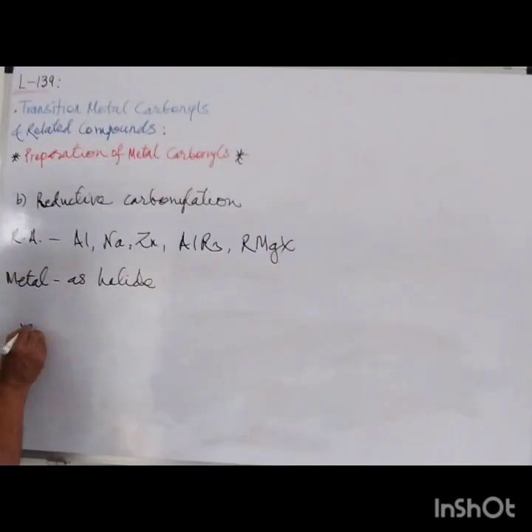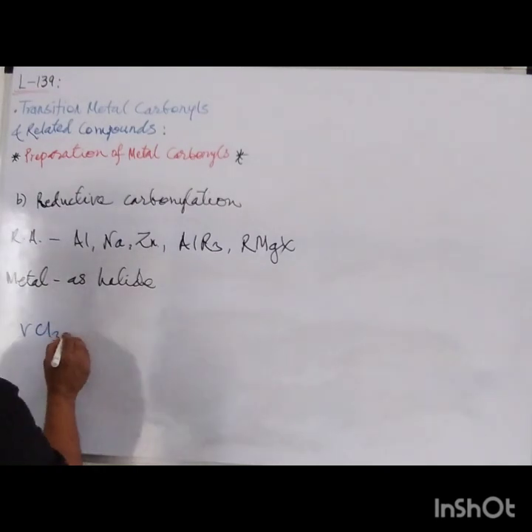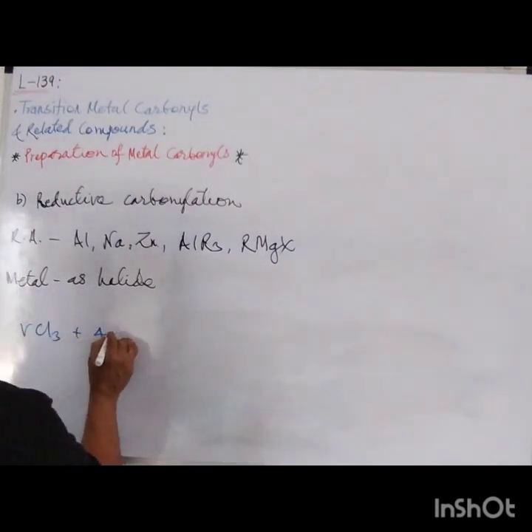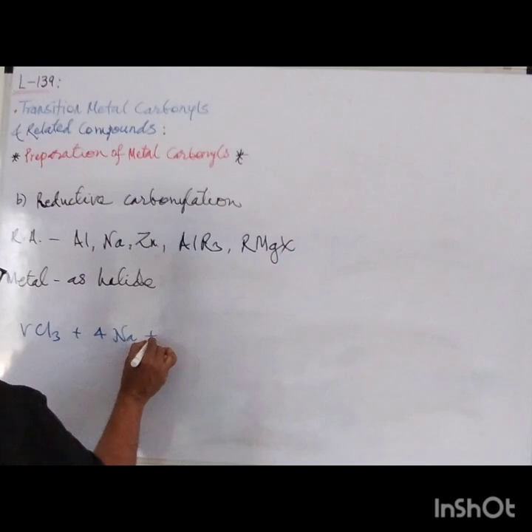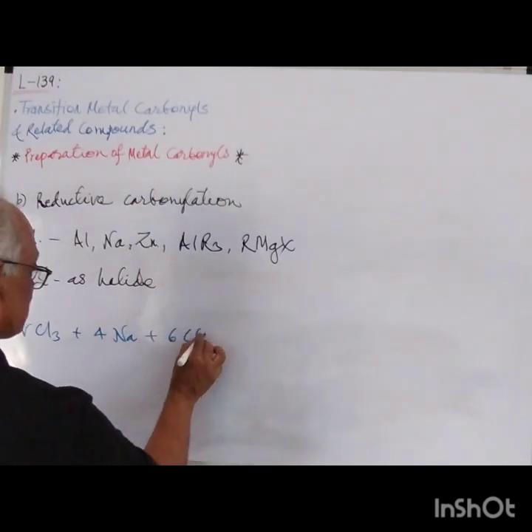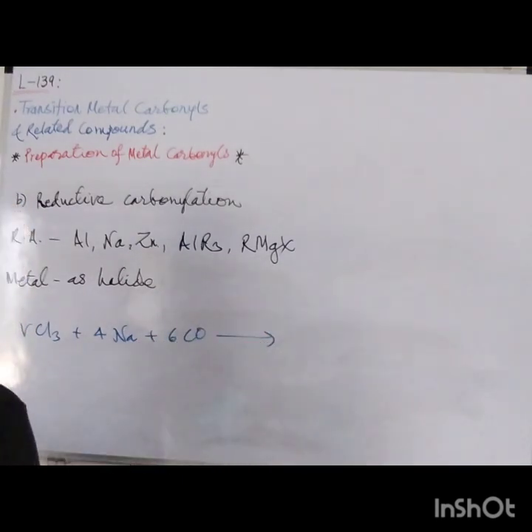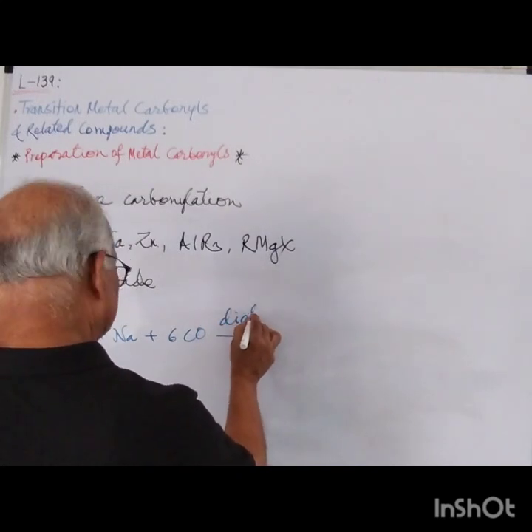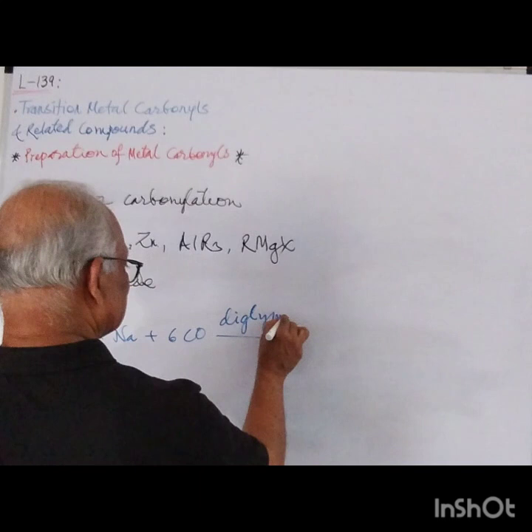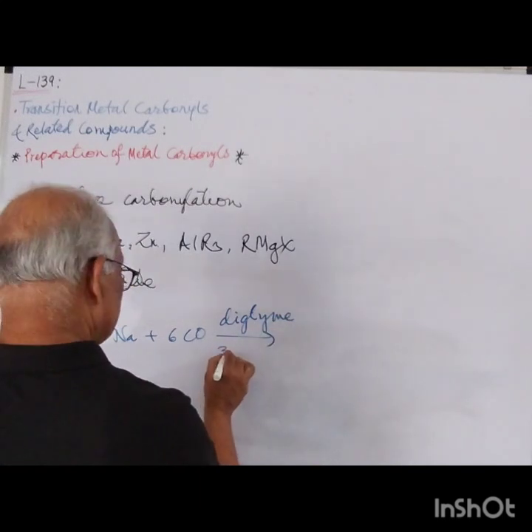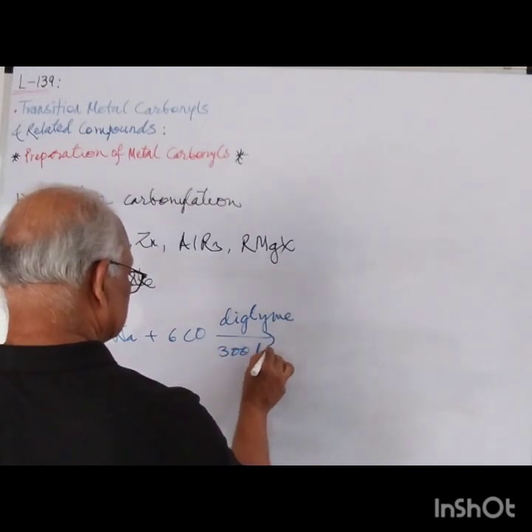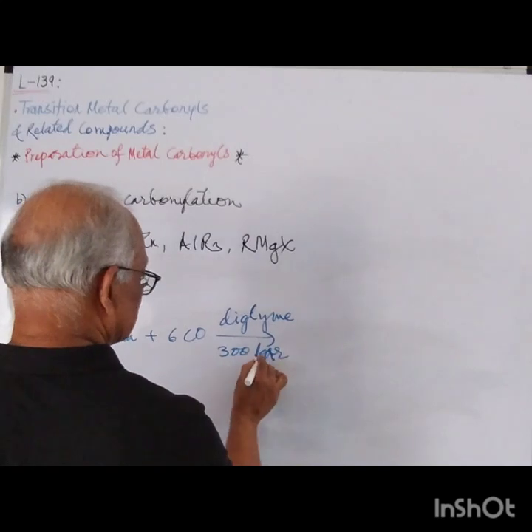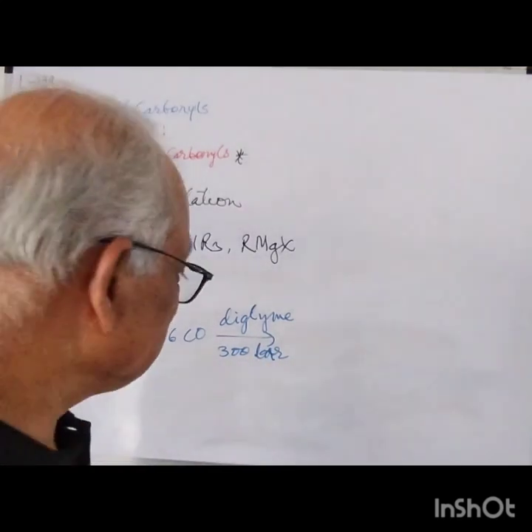Now the reaction: vanadium trichloride plus 4 Na plus 6 CO, with the solvent diglyme, at 300 bar pressure.